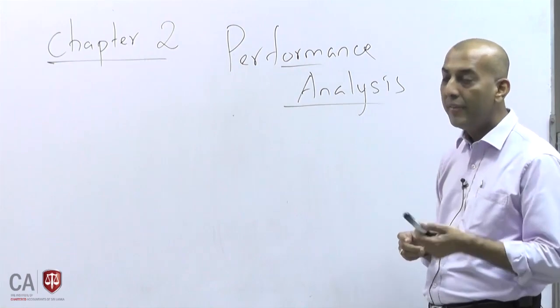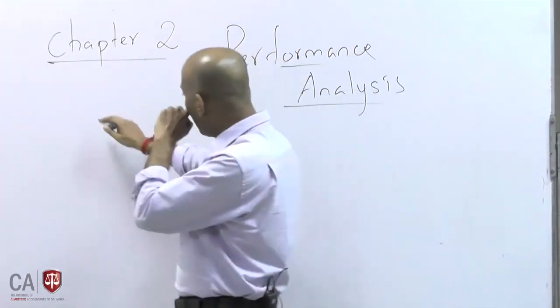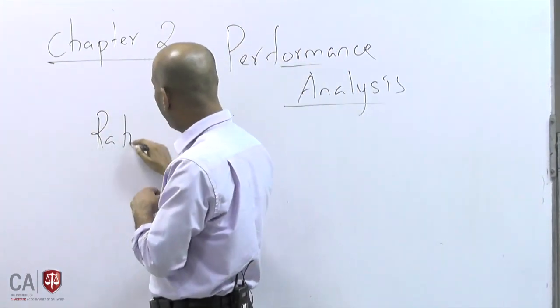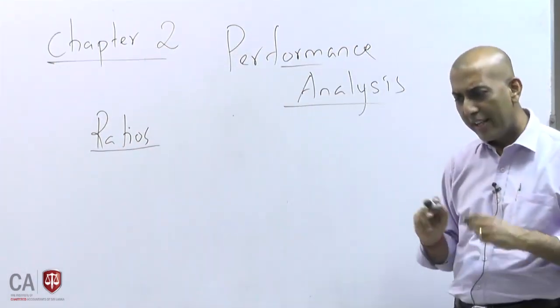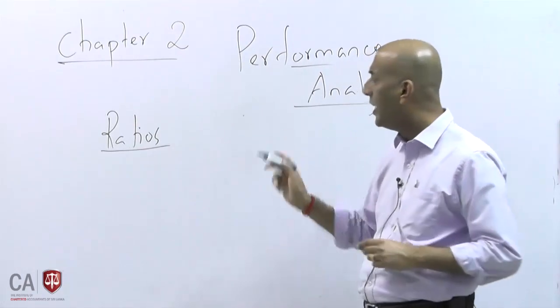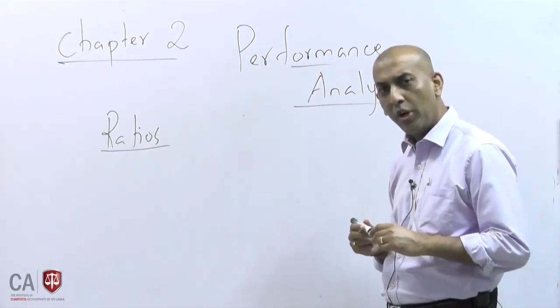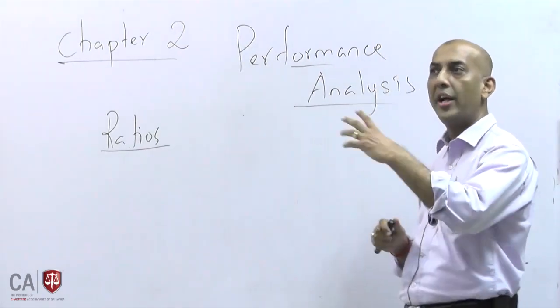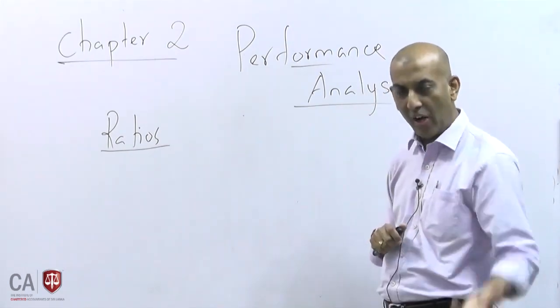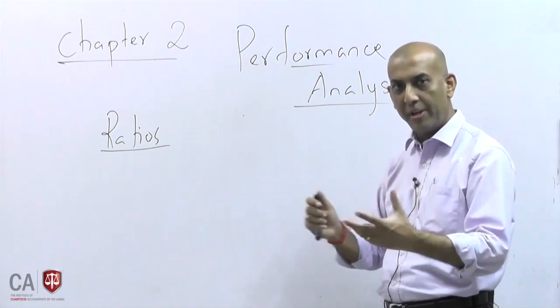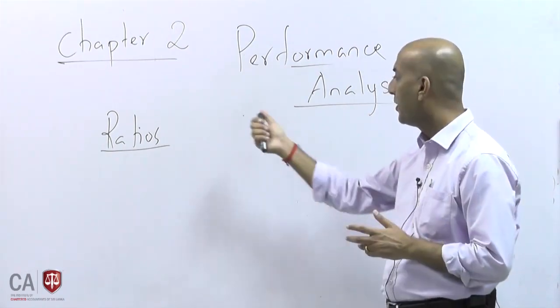So what do we do? We may have to calculate ratios. Various ratios we will take one by one. Those ratios will tell how the organization performed, in what areas they are good, and what areas they are weak. All this information can be gathered from the ratio calculation.